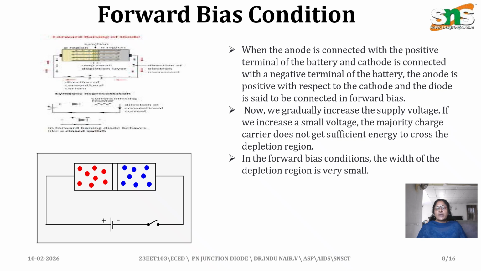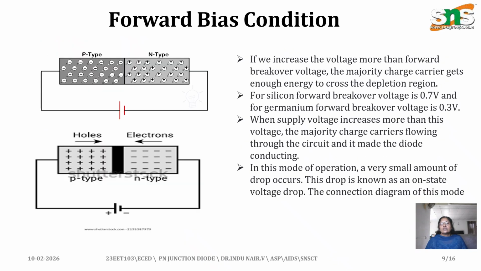In forward bias, the width of the depletion region is very small, hence the majority carriers cross over. If we increase the voltage beyond the forward breakover voltage, called V gamma or cut-in voltage, the majority charge carriers get enough energy to cross the depletion region.